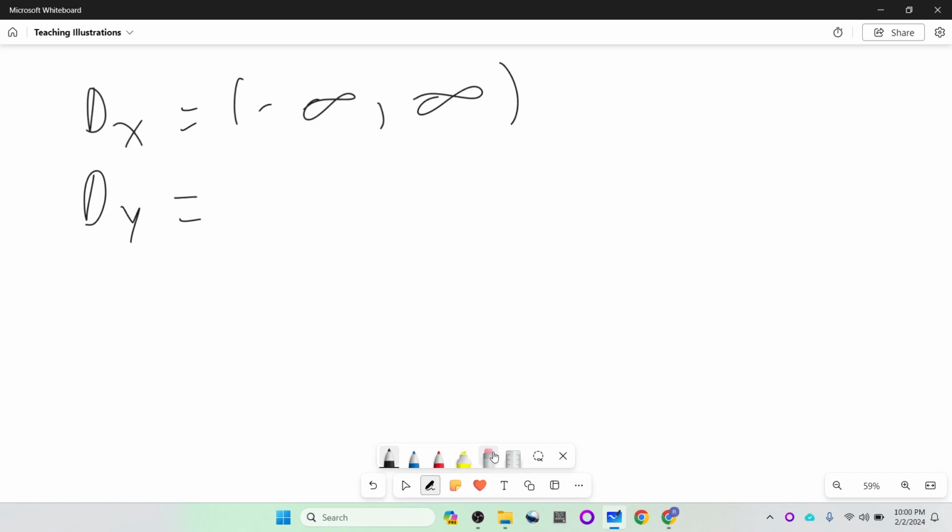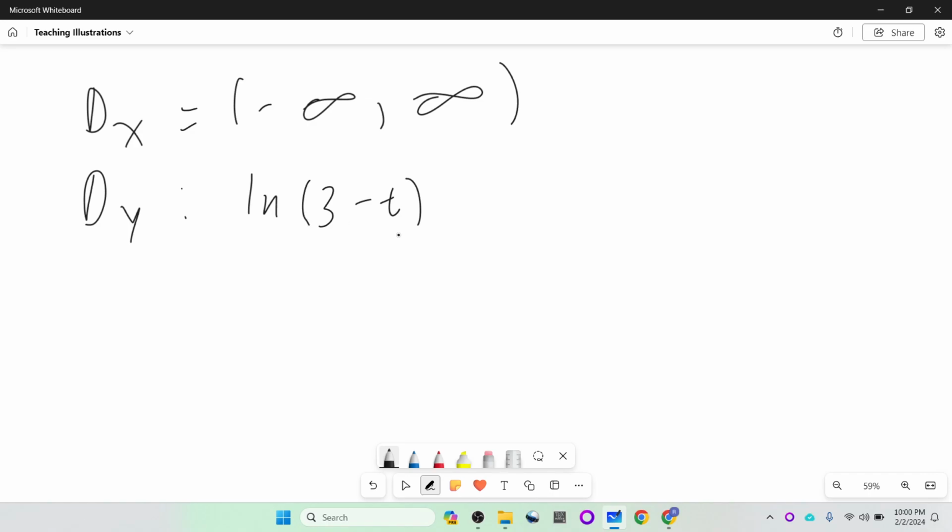I'll clear this off. So the domain for the x component, well, the x component was t cubed. So t cubed is defined everywhere. So the domain is negative infinity to infinity. Domain of the y component. Well, the y component was ln of 3 minus t.